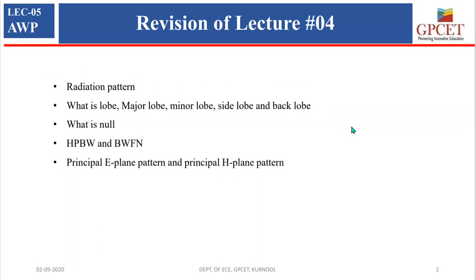After indicating these half power points, draw a line from the origin through the half power points, then you will get the two half power directions. The angle between these two directions is called half power beam width.